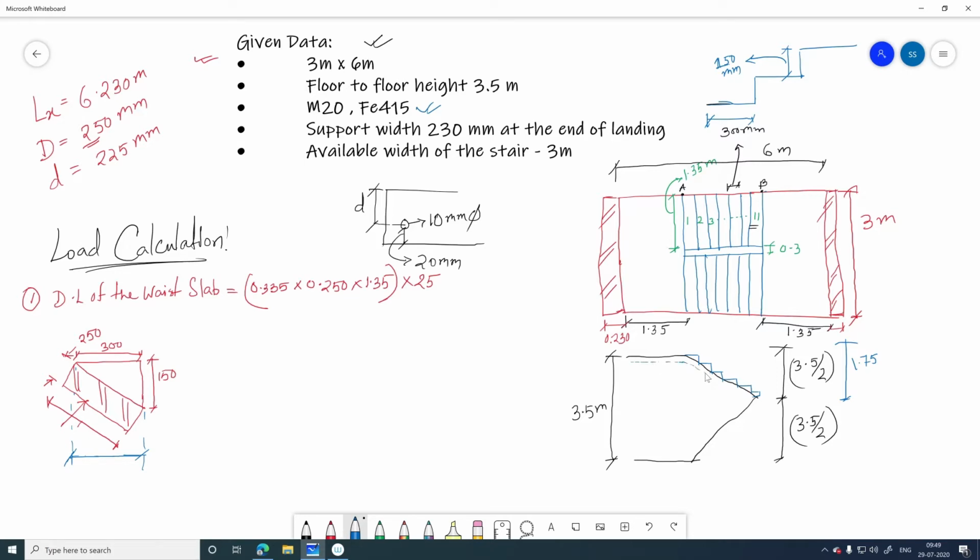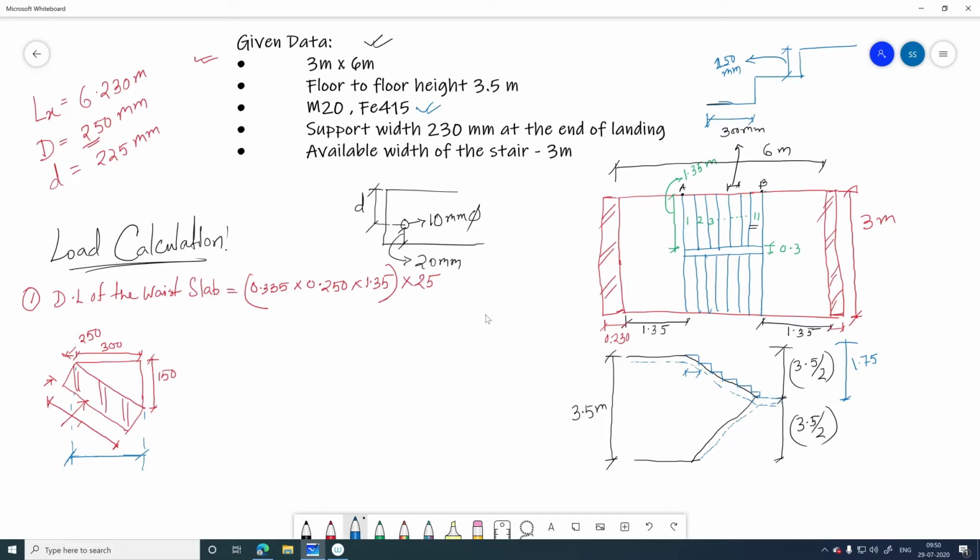this is the waste slab, okay. If you consider this is the waste slab, so for this horizontal distance up to this portion, the dead load we have found, but we need to determine whatever the value over here, that is in per meter basis, right?